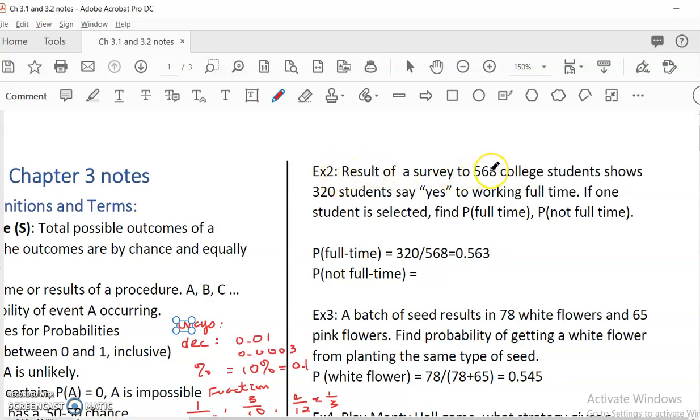The second one is when you actually have to calculate the relative frequencies. You don't know, but they tell you how many there are when you did a sample. In this sample, they surveyed 560 college students, 320 students say yes to working full time, and the rest say no, or not sure. If one student is selected, find the probability of full time.